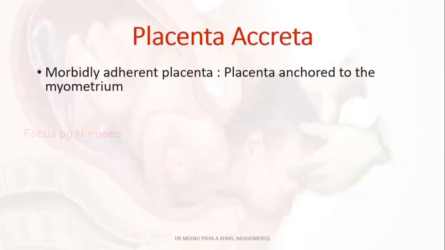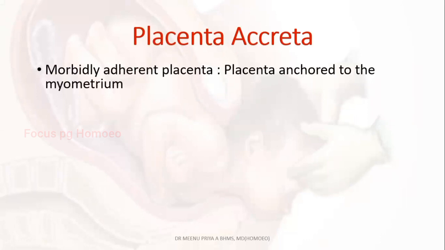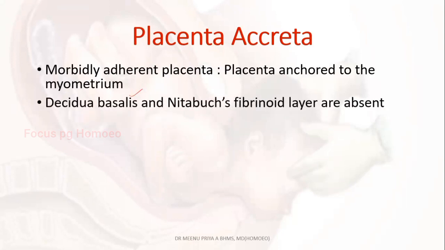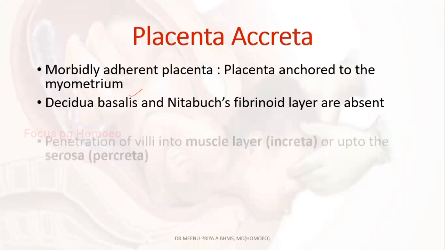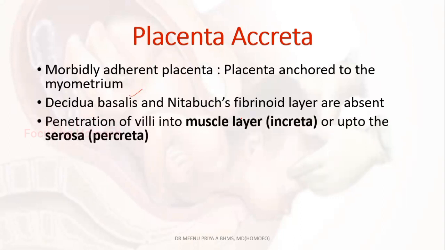Next, placenta accreta. This is a morbidly adherent placenta anchored to the myometrium, and it is related to retained placenta. The decidua basalis and Nitabuch's fibrinoid layer are absent, with penetration of villi. If the placental villi penetrate into the muscular layer, it is called placenta increta, and if they reach the serosa, it is called percreta.